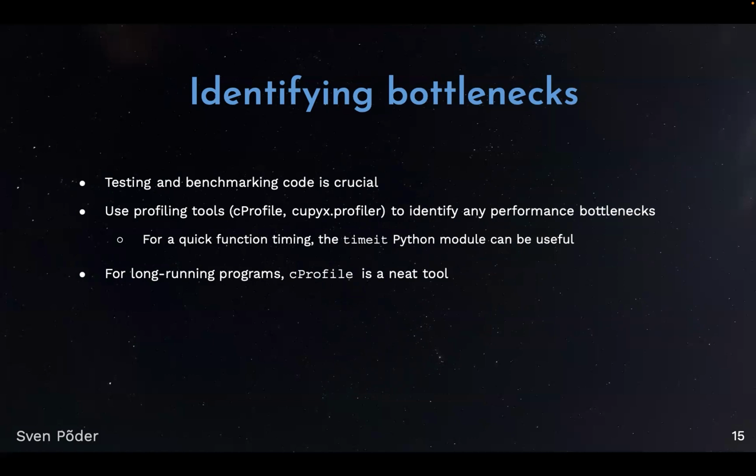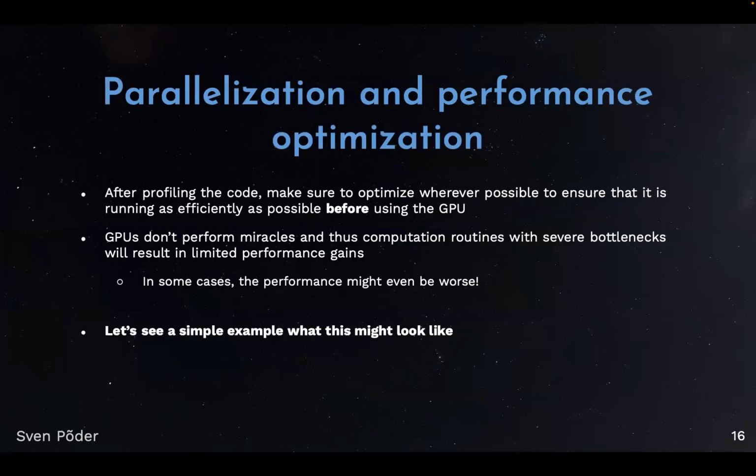When you use cProfile, it gives you a summary of all the sub-processes going on in your program. In this way, you can find the most heavy computing parts of the code. Parallelization and performance optimization is a very crucial aspect before ever putting your GPUs to work.